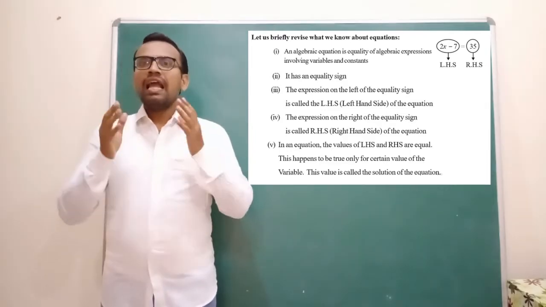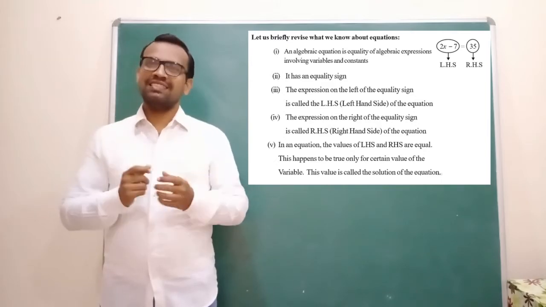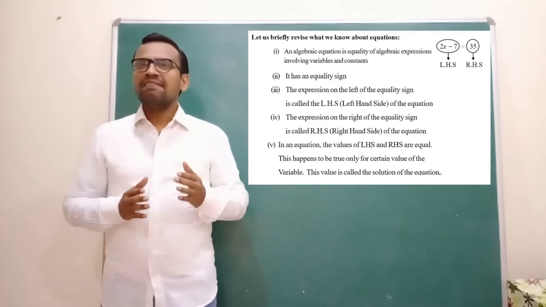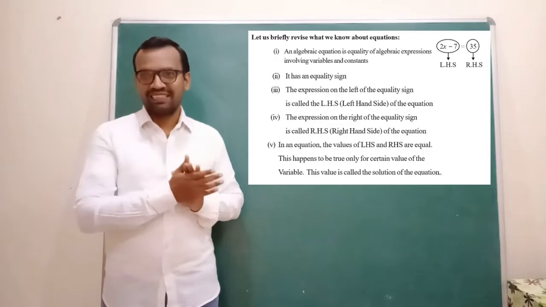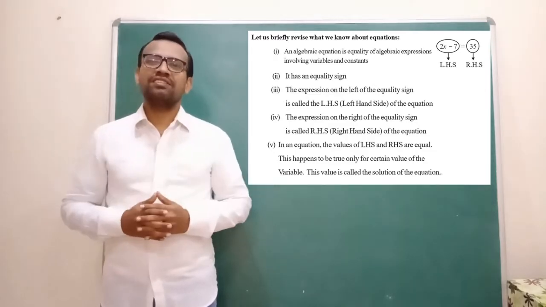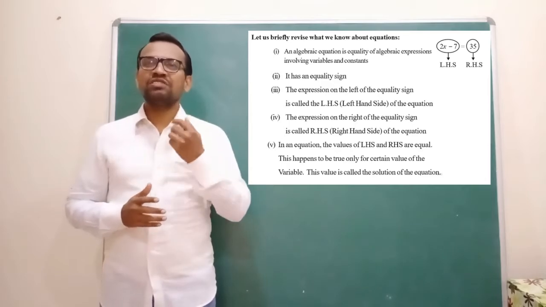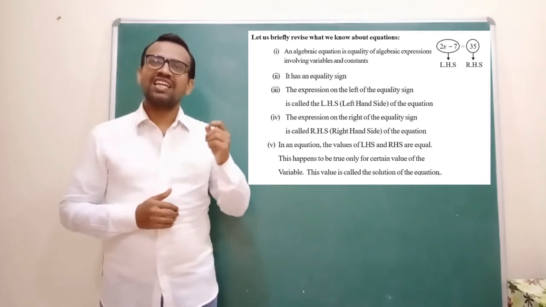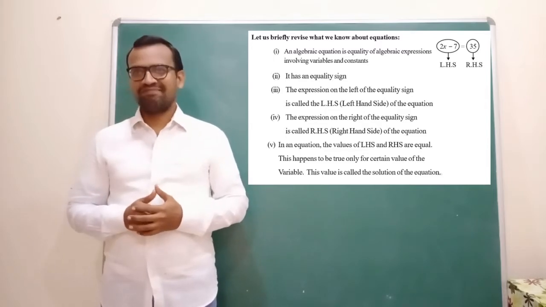Second, the equation has an equality sign in it. The expression on the left of the equality sign is called LHS, the left hand side of the equation. And the expression on the right of the equality sign is called RHS, the right hand side of the equation.